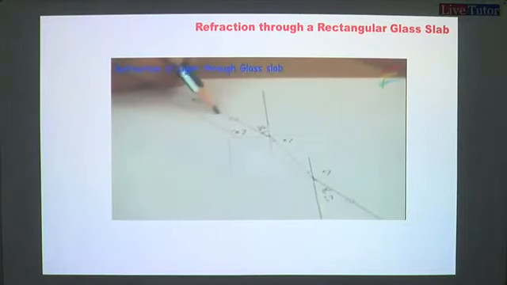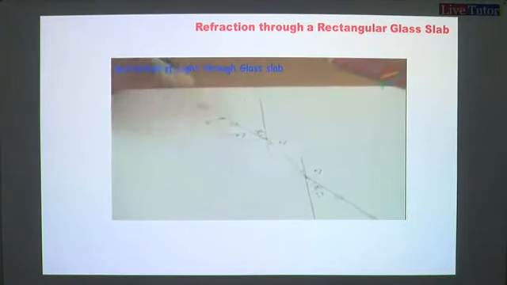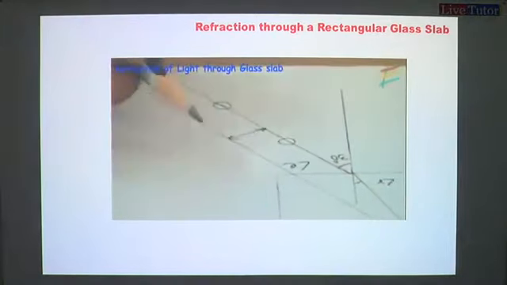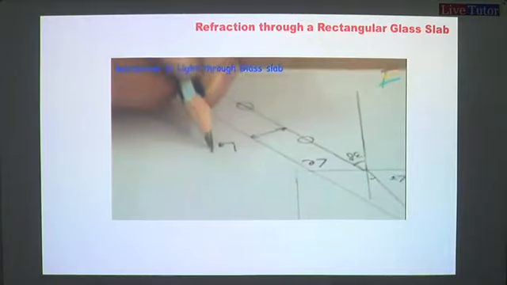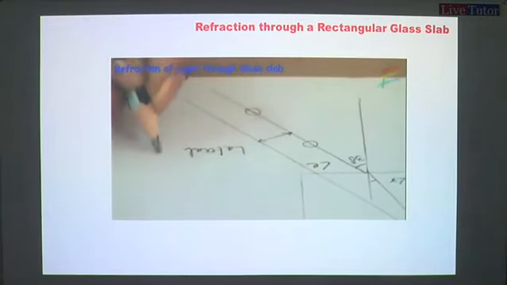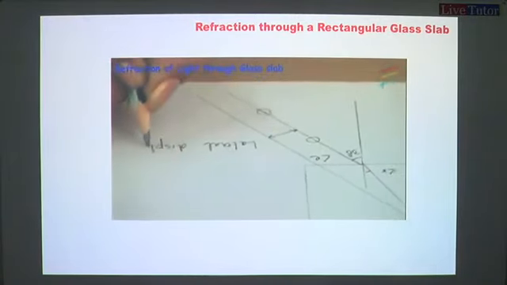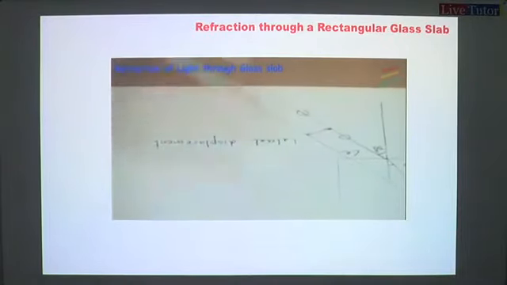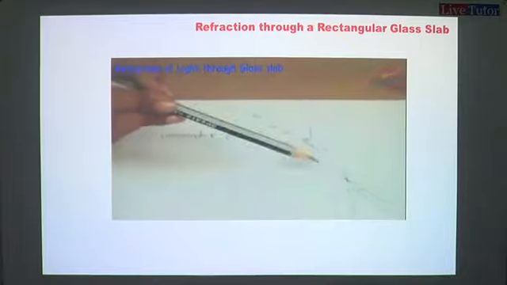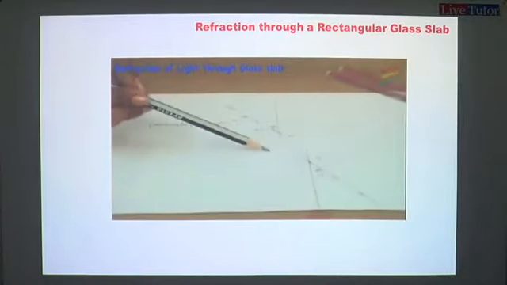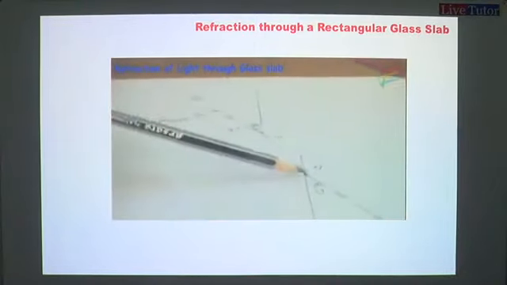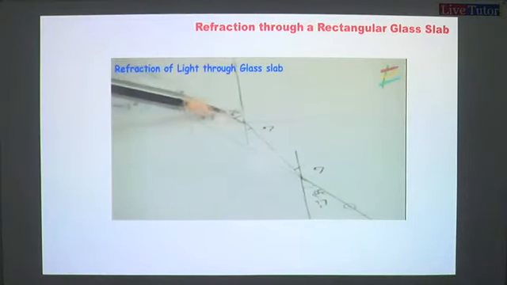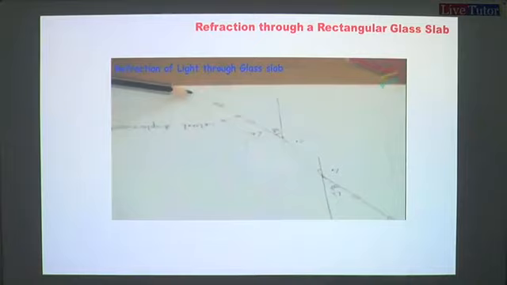Now the perpendicular distance between the incident ray and the emergent ray is known as the lateral displacement. Therefore, due to the difference in the density of air and glass, the light ray was bent, and it emerged outside the glass slab.